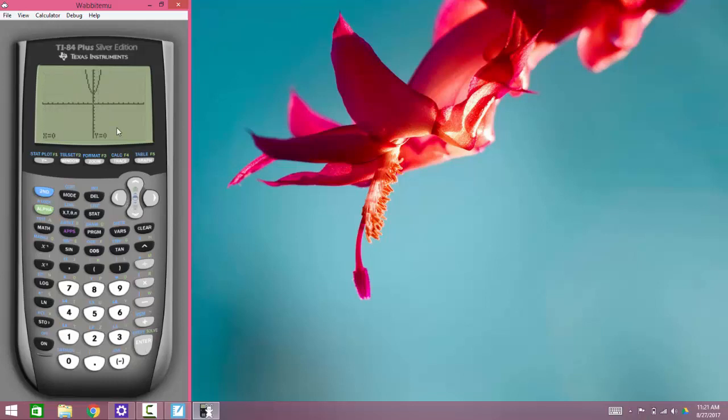It's zooming out slowly. And there should be a zoom fit. Oh, there we go. And that's going to show it to you as well. And if you go to the window, the table, which is second graph, you can see how this data increases faster and faster and faster.